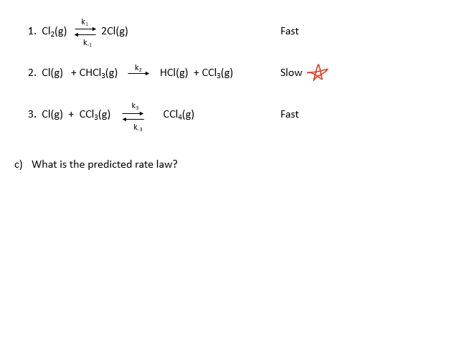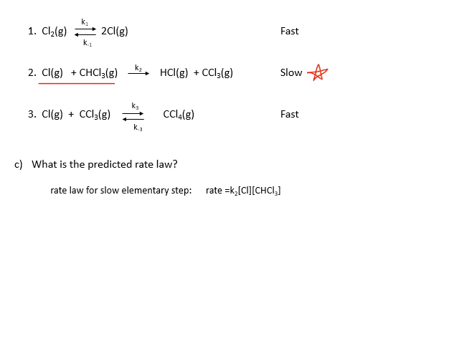First, we want to write the rate law for the elementary step identified as the slow step, so that's for the second step. The rate law for this step is rate is equal to some constant, we'll call it K2, times the concentrations of the reactants that appear in that step. So we have Cl and CHCl3. Again, this is coming from this step right here.